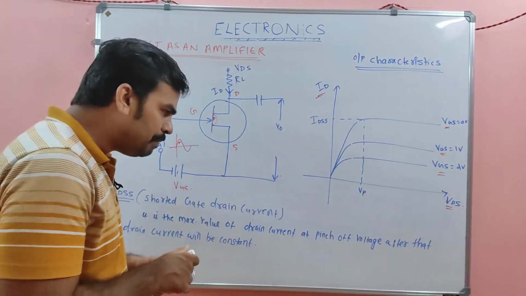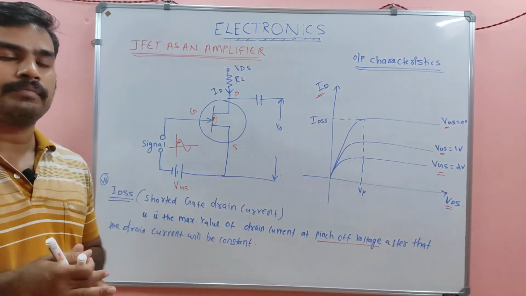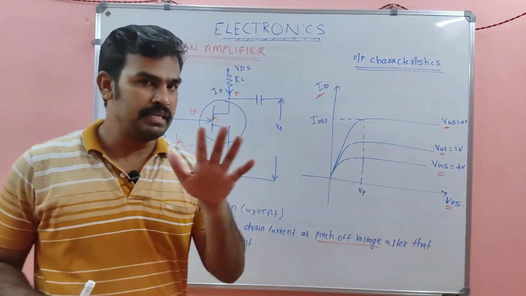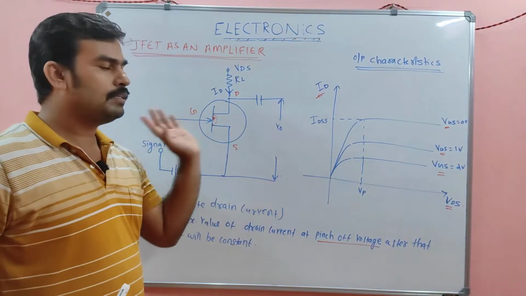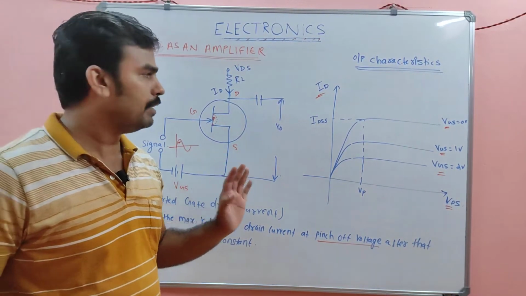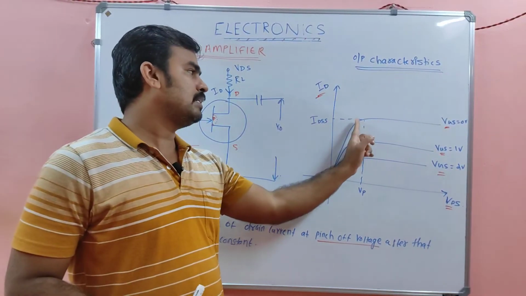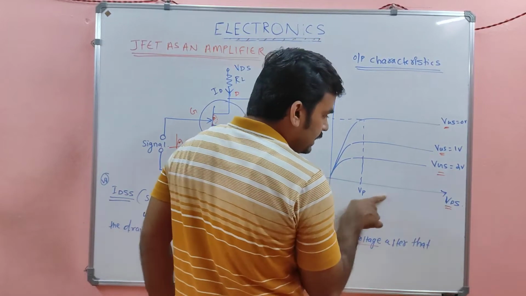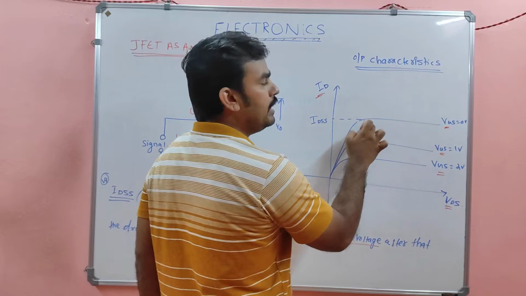So what is meant by pinch-off voltage, my dear? Pinch-off voltage is nothing but this: when VGS equals 0 and we are operating the JFET, there will be maximum drain current flowing, and after a certain value, even if we increase the value of VDS, the drain current will not increase any further.